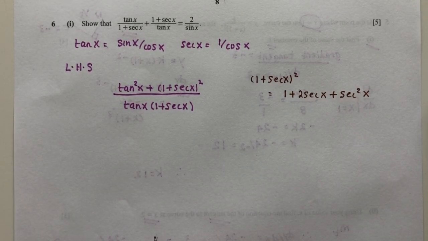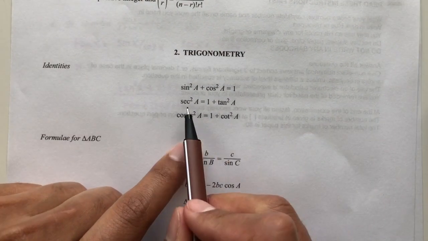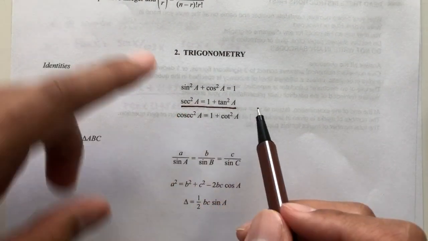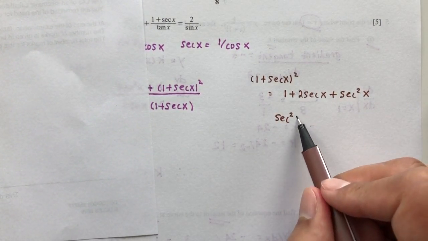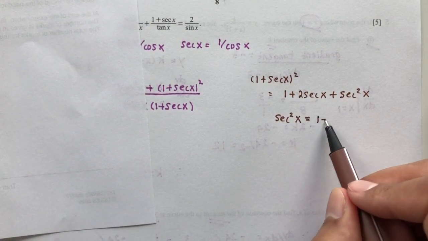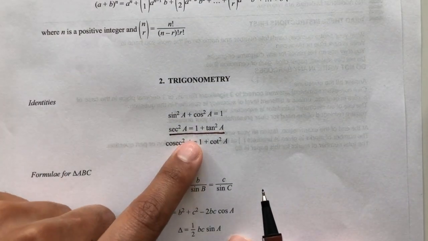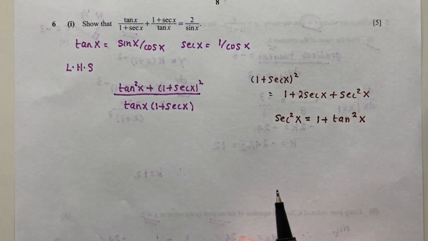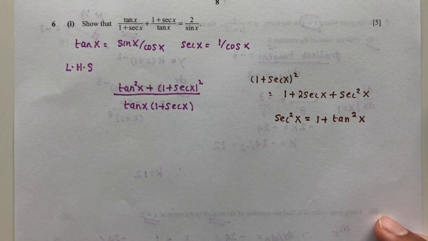Now if you look at your list of formulas, you will see something about trigonometry right here, which says sec squared x is equal to 1 plus tan squared x. This is given to you on your list of formulas, so you have to use this in this question to help you find your answer.